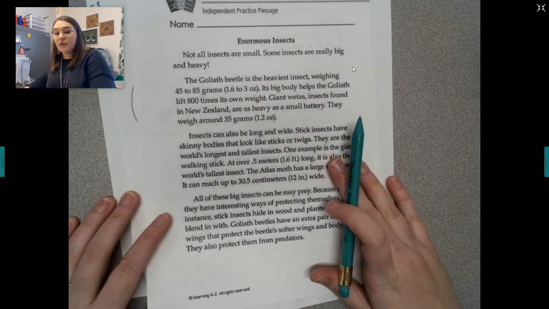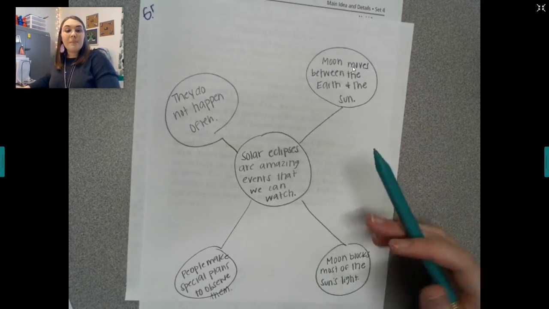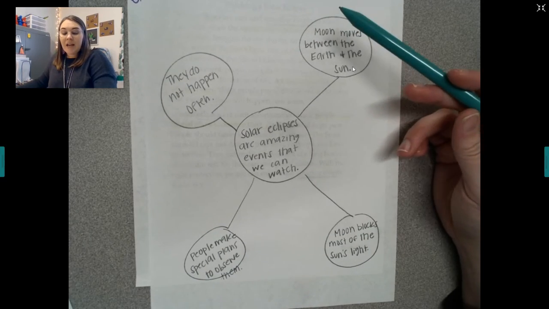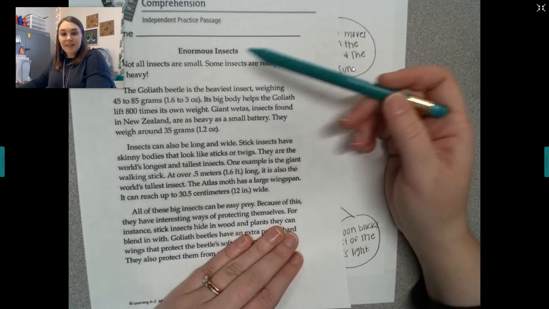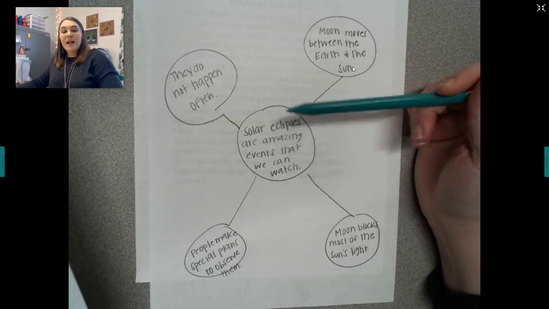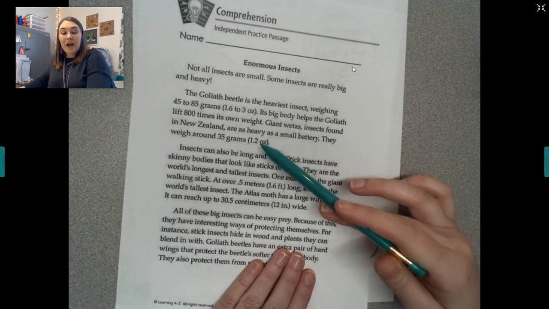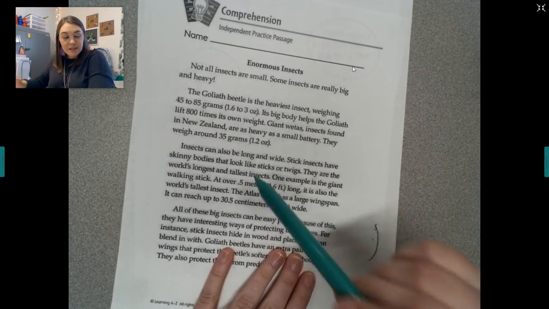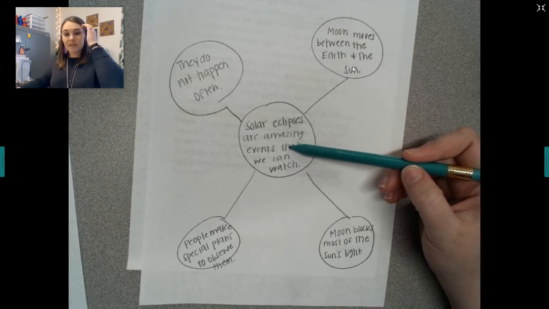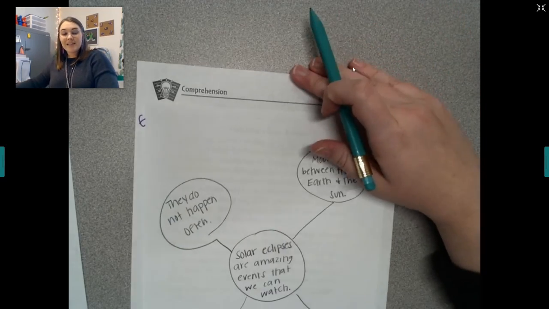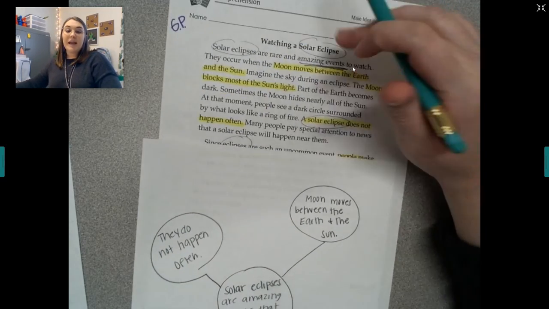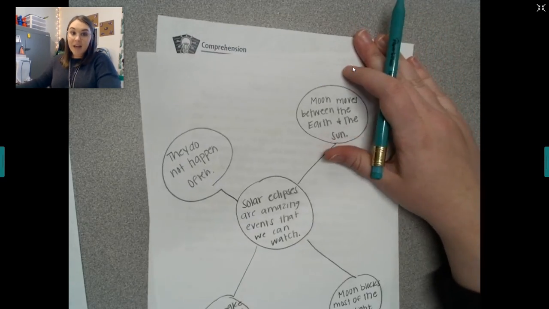You are going to create a bubble map on a piece of paper, and you're going to tell me in the middle what the central idea is of this paragraph. And then on the outside, you're going to tell me 4 details that you found in this passage to support that central idea, just like I did with my bubble map.